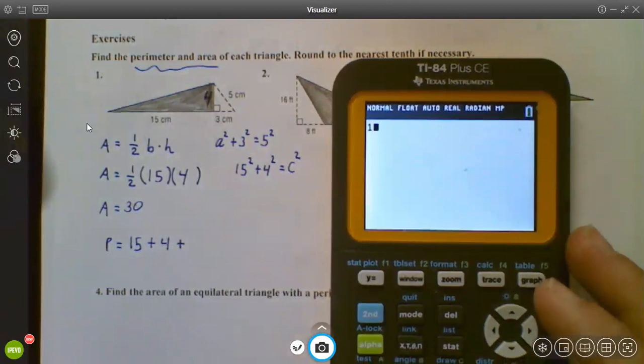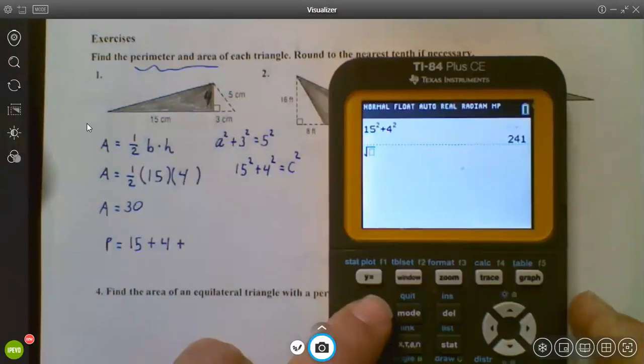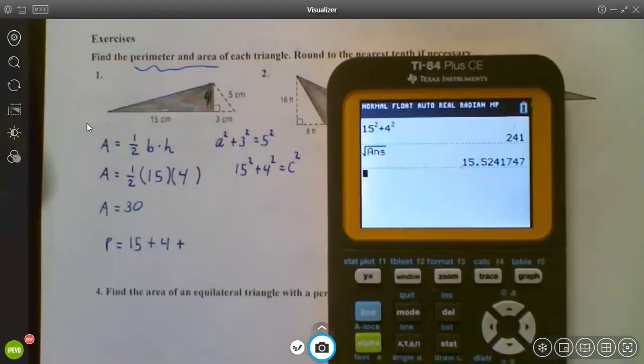So 15 squared plus 4 squared would give us this. So then we're going to square root 241. So about 15 and a half.